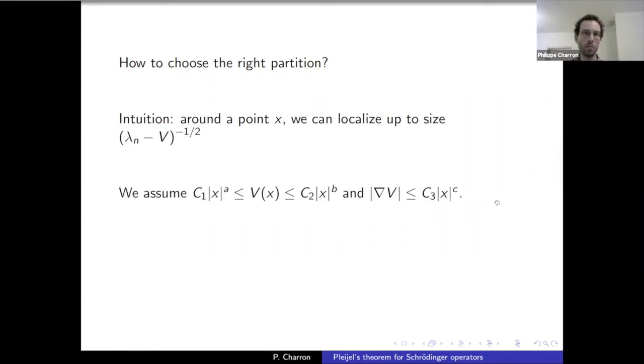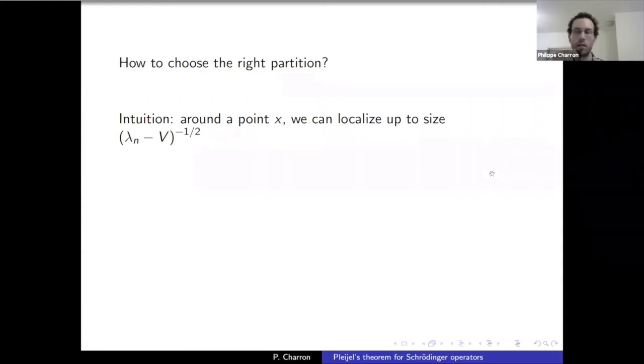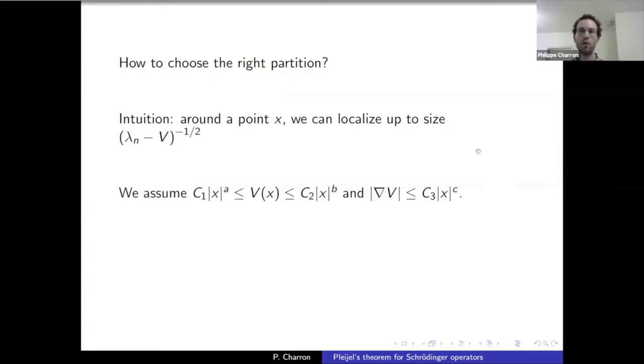However, because v varies, and it actually can vary quite a bit, we need to give enough bounds on both v and the gradient of v so that we can localize, and as we localize, it doesn't change too much inside of a small ball, so that we need to relocalize up again. So we give the following conditions, which are quite broad.